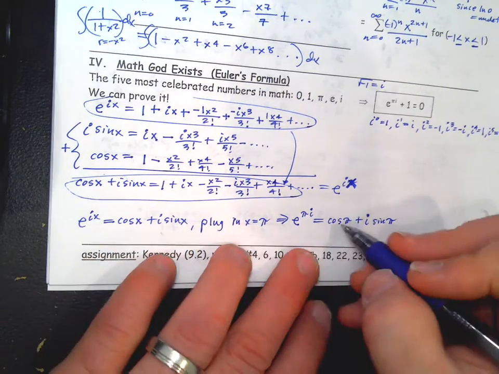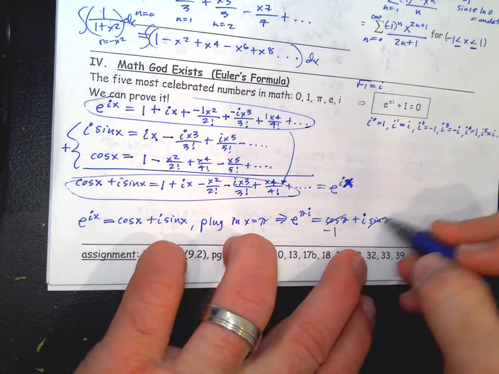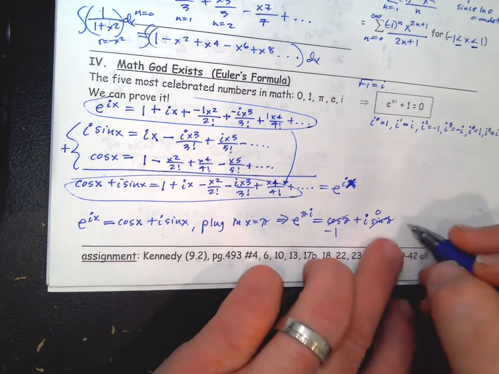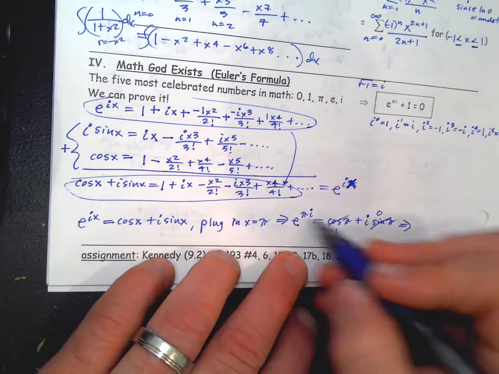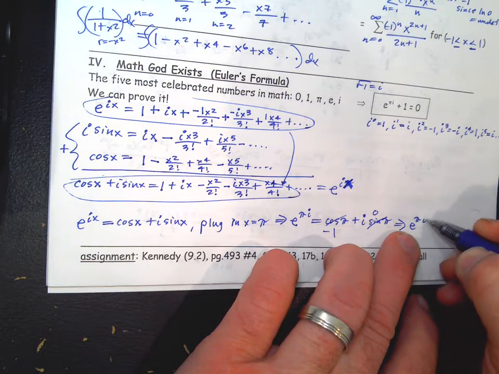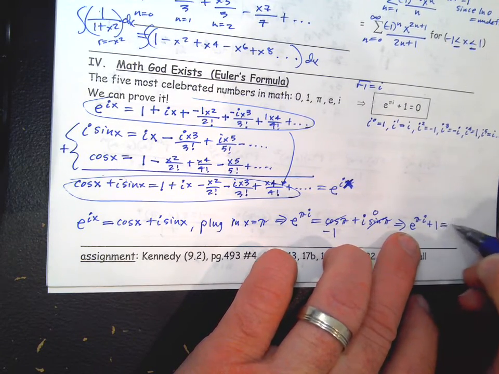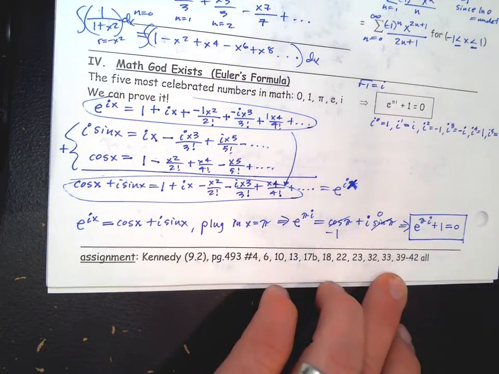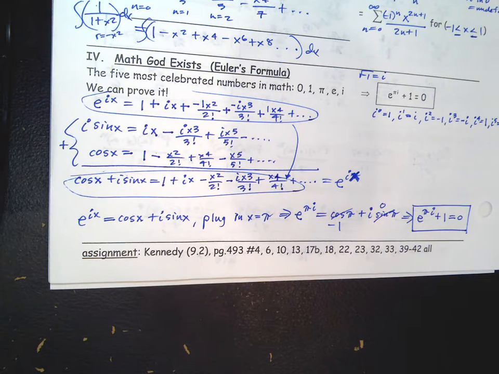Cosine of pi is -1 and sine of pi is 0. One step later, I'm going to add the 1 over to the left-hand side, to the e to the pi I, and then there's 0 left on the right side. And we have proven that e to the pi I plus 1 equals 0.